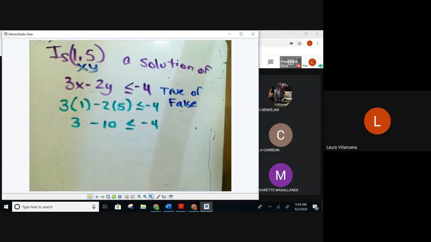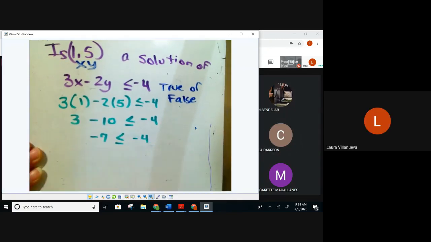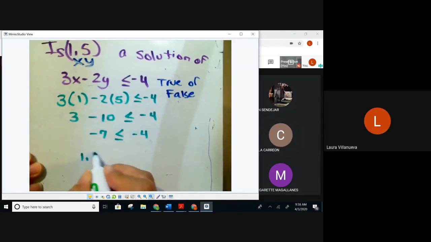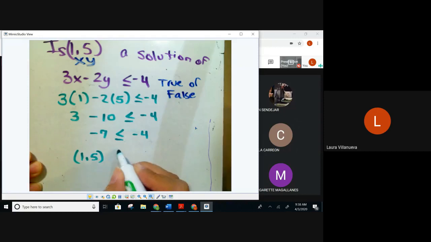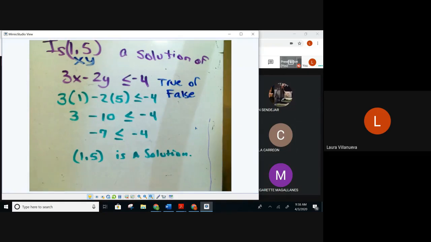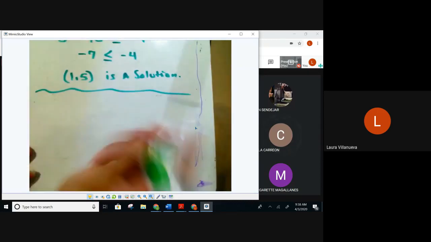What's 3 minus 10? -7. -7 is less than or equal to -4. True. So then 1, 5 is a solution. Okay, that's all you're going to do.